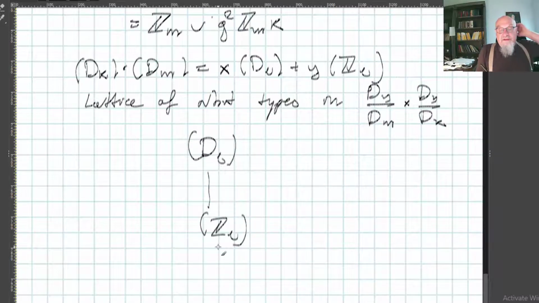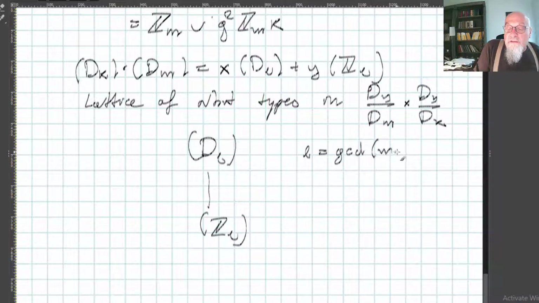So there are two orbit types here. So L is equal to the greatest common divisor of m and k. And now we can apply the recurrence formula. So we start and compute it.